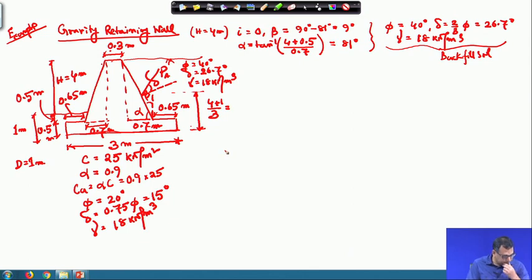So, it will act at a height of 1.67 meter.